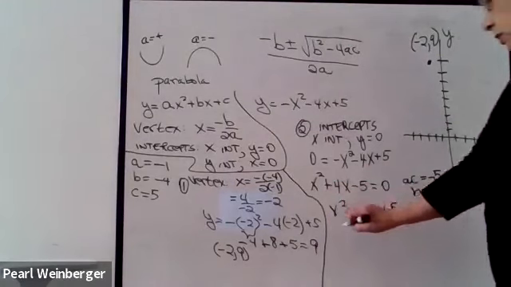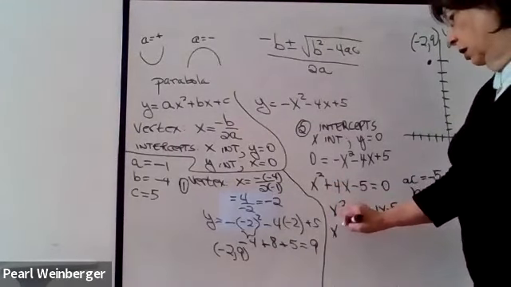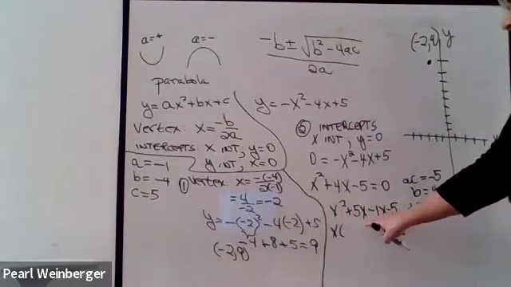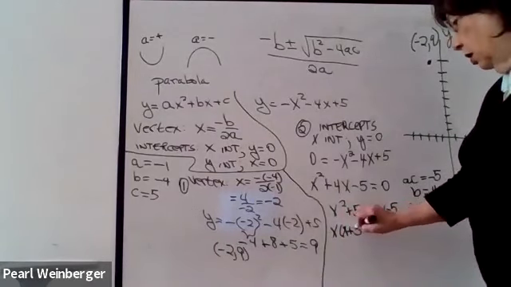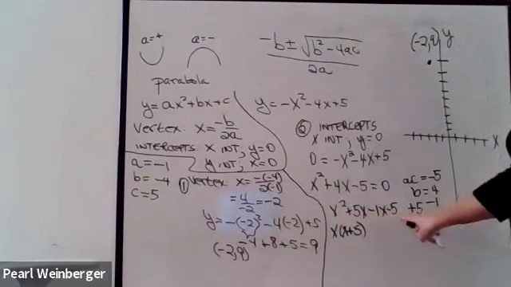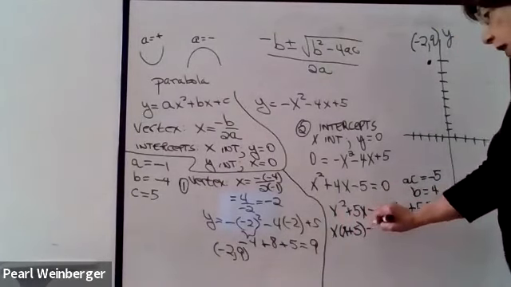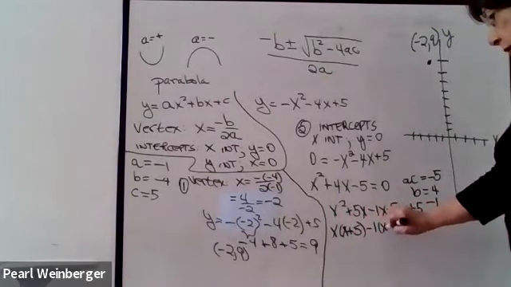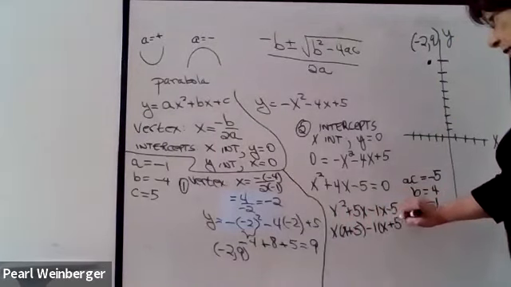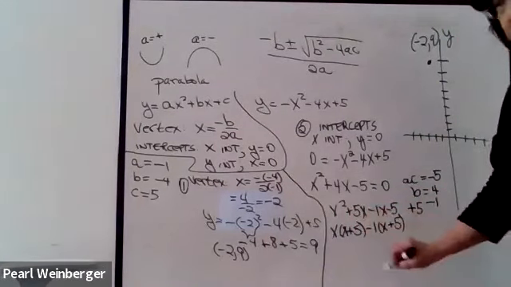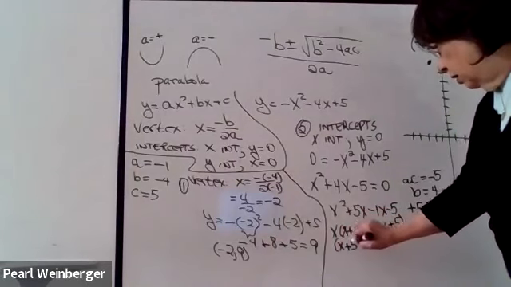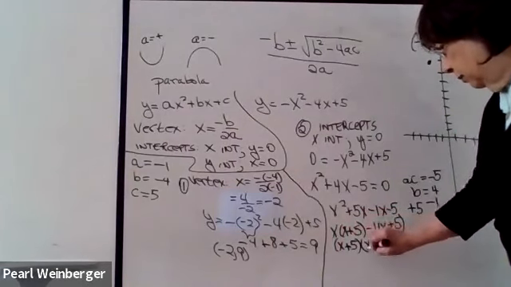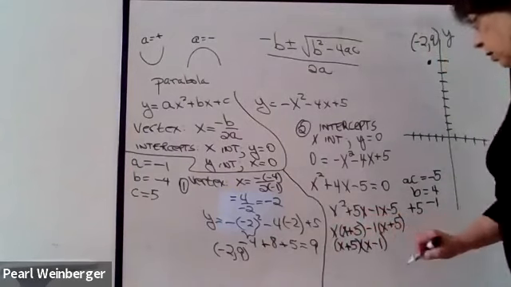When I write this expanded to 4 terms, I can use the grouping method: x times x plus 5. And the next group has a common factor of negative 1, and that is also x plus 5. So this factors to x plus 5 times x minus 1.